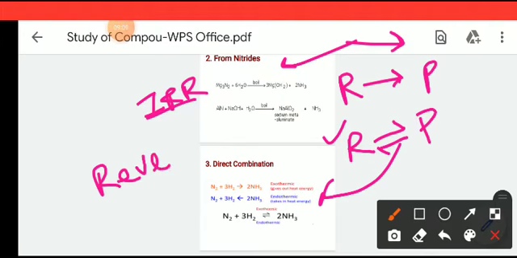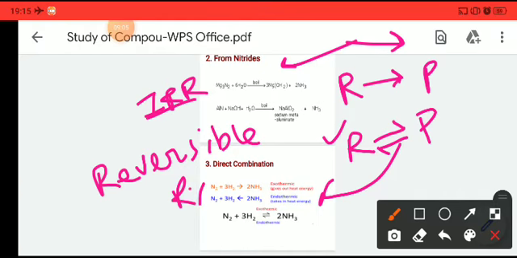Reversible reaction. Okay, and this is called the irreversible reaction, when only the product can form. From reactant to product, the reaction coordinate is from reactant to product. So that means from reactant only product can form, but no reactant can form from the product.